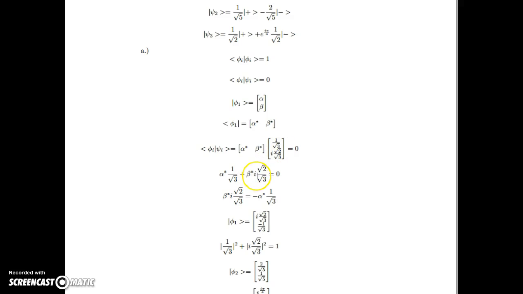And so this is simple matrix multiplication, and you set it equal to 0, and then you get this, and you can solve this. And so now you know that the complex conjugate of beta is 1 over square root of 3. And then so this is your phi 1.